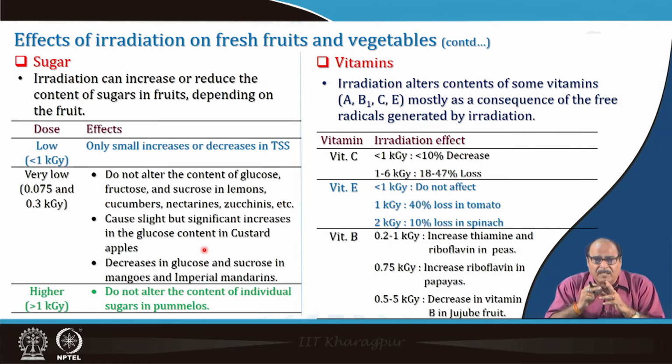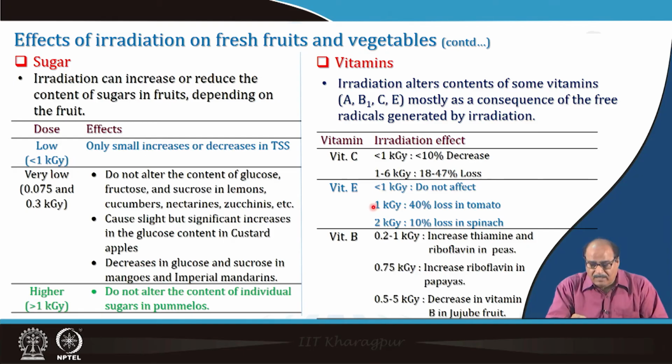As far as the effect on vitamins is concerned, we have seen already that irradiation alters contents of some vitamins like A, B1, C, E, mostly as a consequence of the free radicals generated by radiation. For vitamin C, at less than 1 kilogray there is less than 10% decrease; at 1 to 6 kilogray, 18 to 47% vitamin C losses are reported.